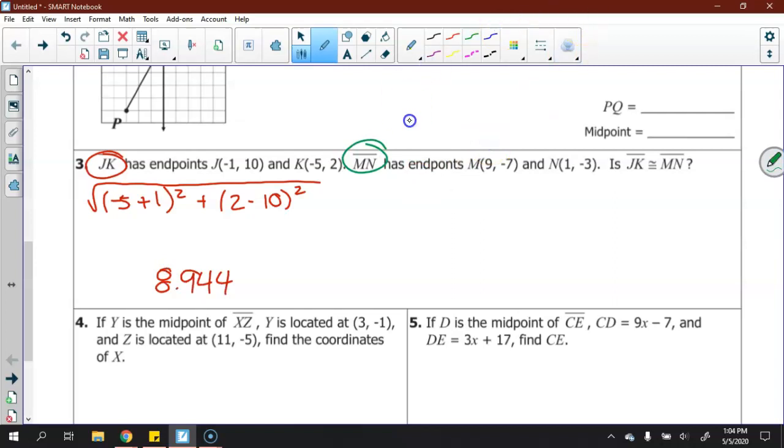All right, and then in green, I've got to do x's again and y's again. So I've got 1 minus 9 quantity squared plus -3 minus a -7, so that'll make it +7 squared. And again, we type it in.